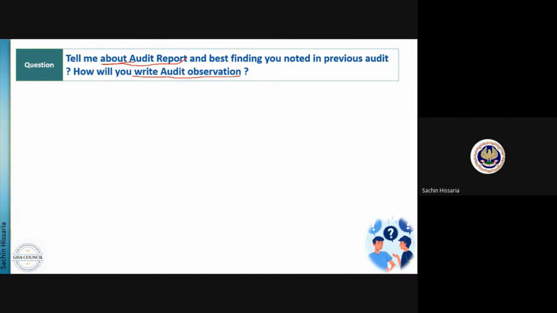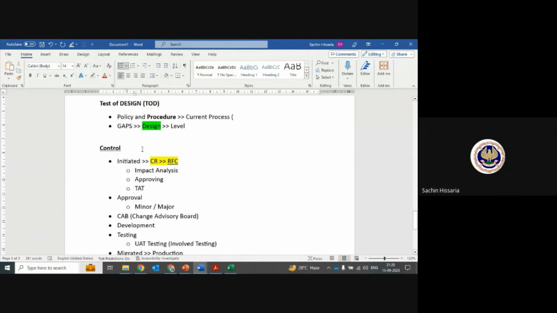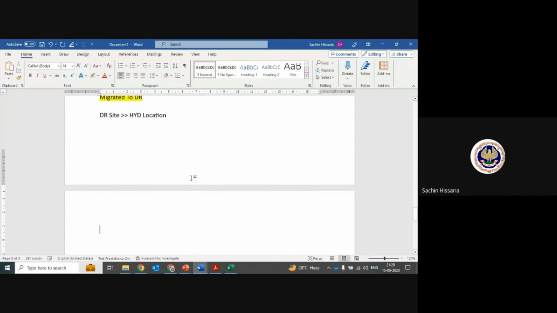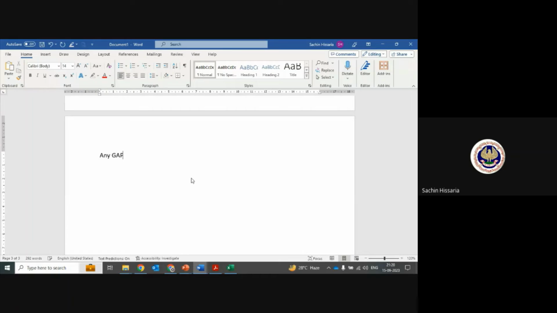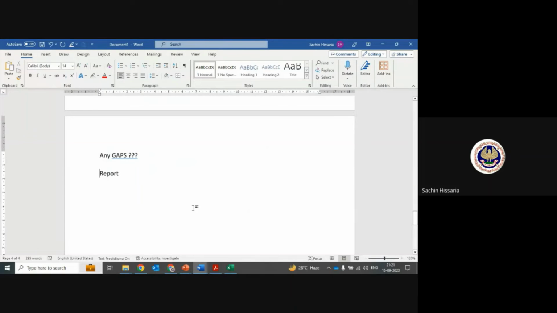As an auditor, suppose you have highlighted some gaps in the processes during this assessment. After identifying those gaps, we need to report them, correct? We also discussed at the start that in auditing there are three phases. One would be the planning phase.